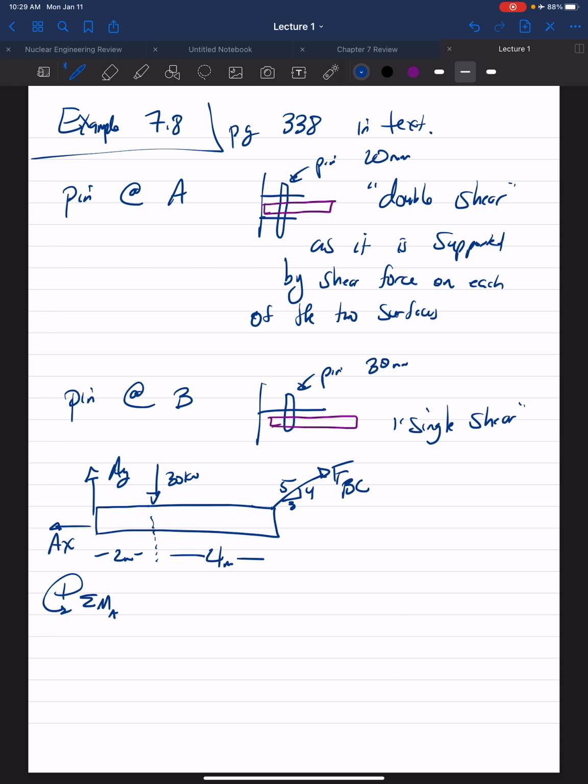If we take our moments about point A, we can solve for FBC. So FBC times the vertical component, which would be 4/5, times the perpendicular distance, which is 6 meters, minus the 30 kilonewton force times 2 meters, equals 0.